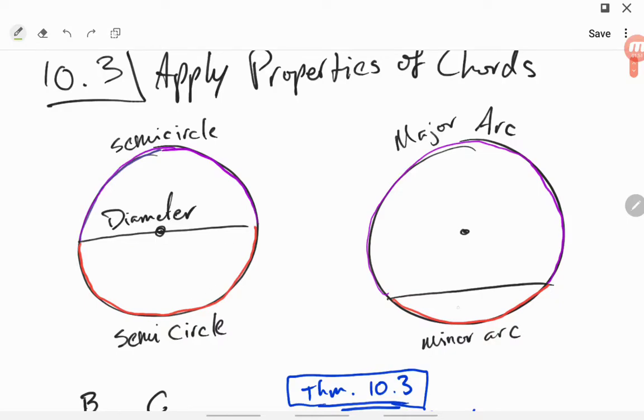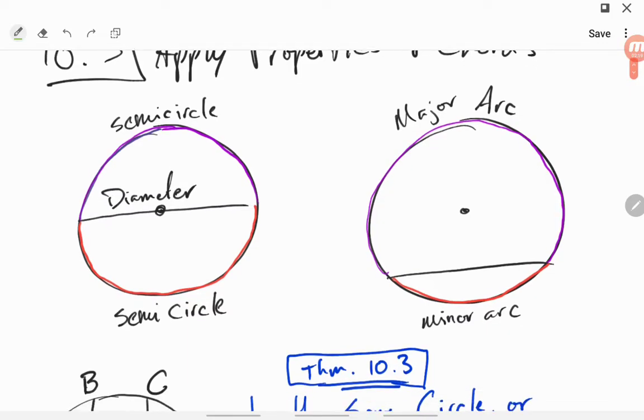If a chord is not passing through the center of a circle, then we've got just a regular chord, and it creates a minor arc. The minor arc is always the smaller one, and the major arc goes around. That's that purple line.